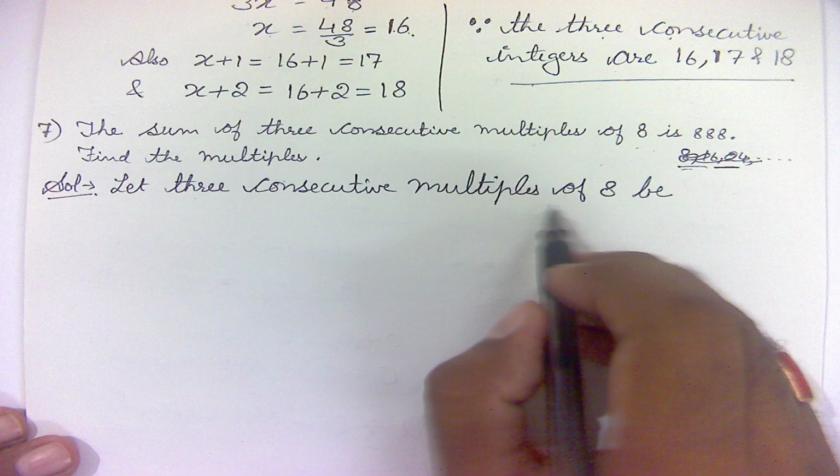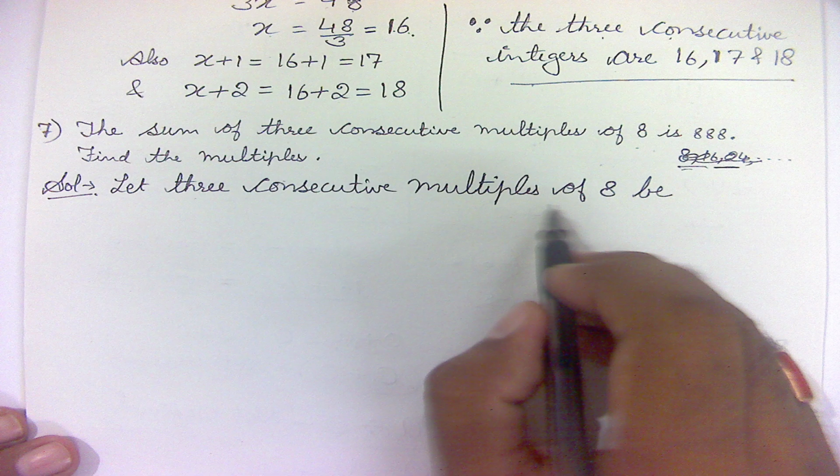See, don't get confused. If it is consecutive integers, then there is a difference of 1 in each. So you will get continuously a difference of 1: x, x plus 1, x plus 2. But here these are multiples of 8. So when you are taking the multiples of 8, then there will be a difference of 8 in them.